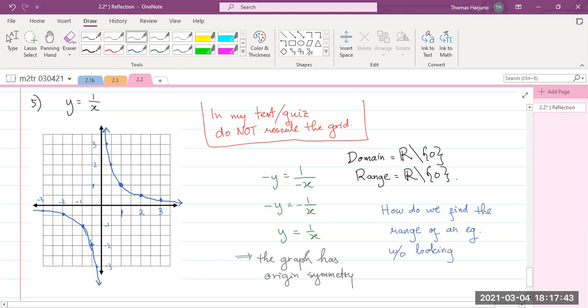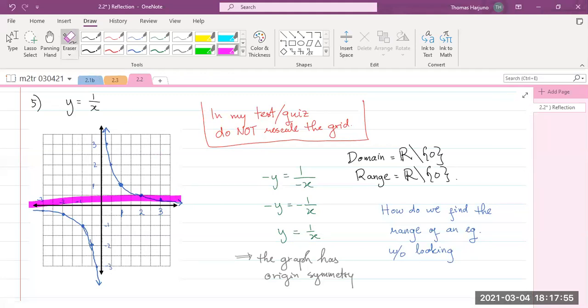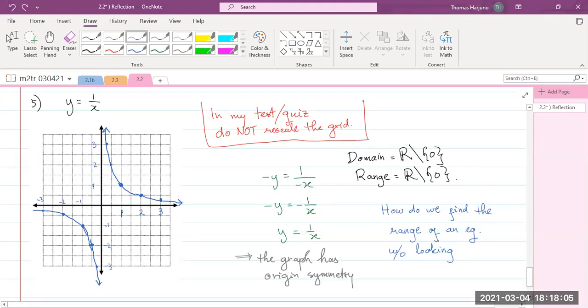You may look at the graph and still get the wrong answer because the graph is very limited. Like this graph here only gives you a window from -3 to 3. So what happens if the graph suddenly behaves erratically when x equals 5 or when x equals 50? How do we find the range of an equation without looking at the graph?